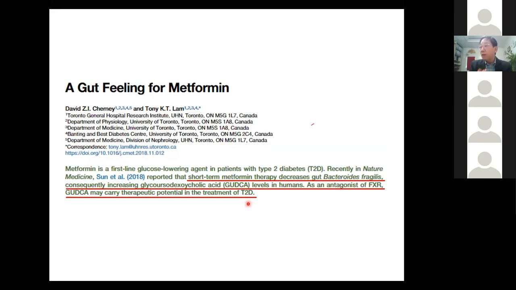And they found the subjects who were administered metformin had decreased levels of Bacteroides fragilis, as well as conjugated bile acid recovered, okay, after the intervention of the metformin.